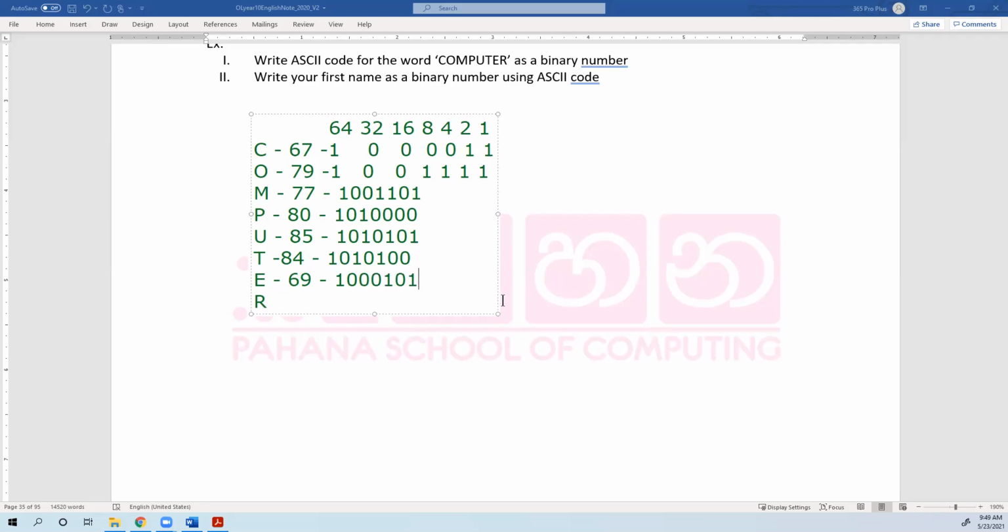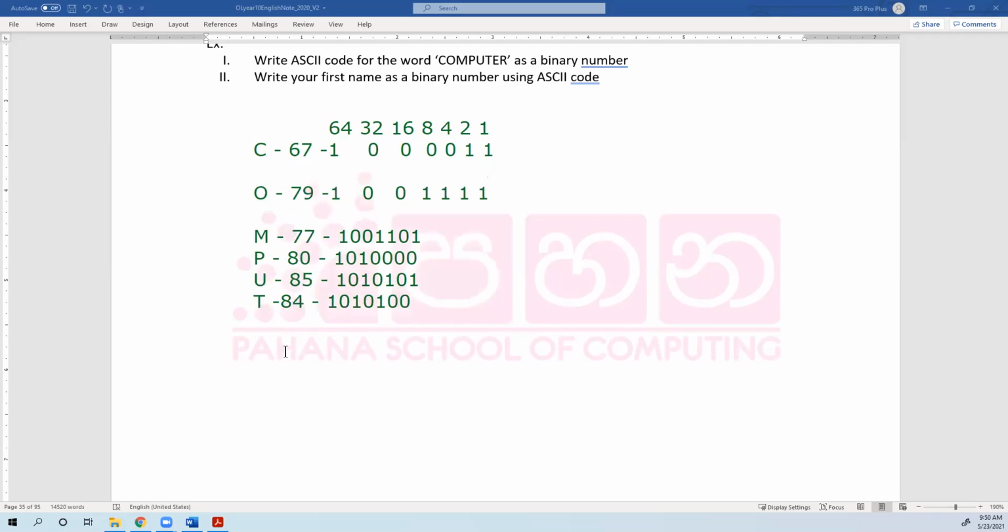And finally R. Yes, it should be 82. That means 64 plus 16 is 80, then 0, 0, 1, 0. Right. So this is the representation.